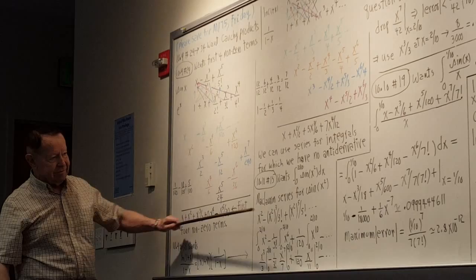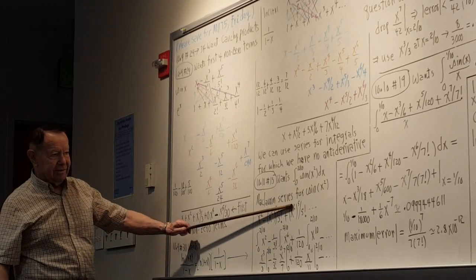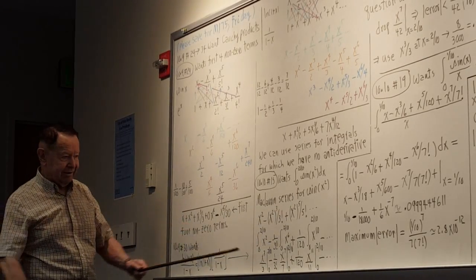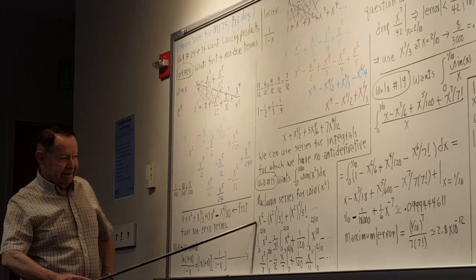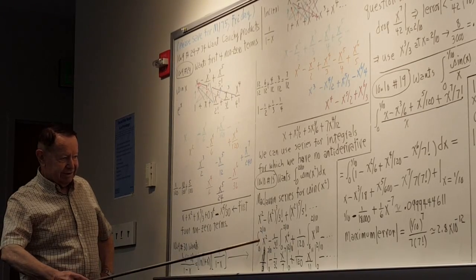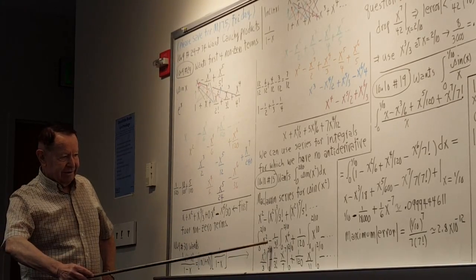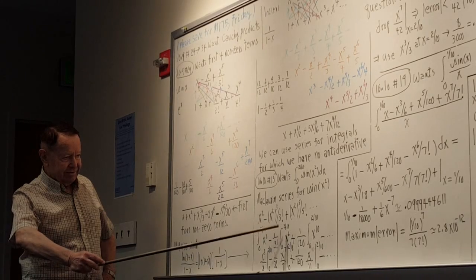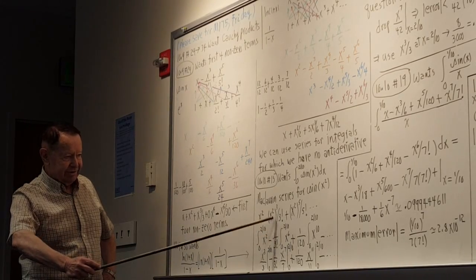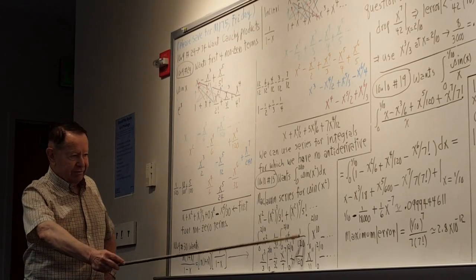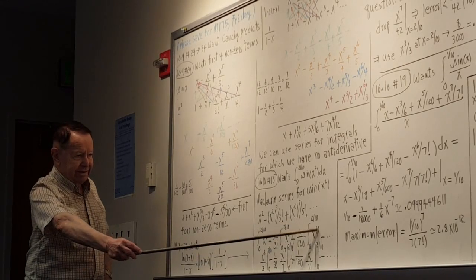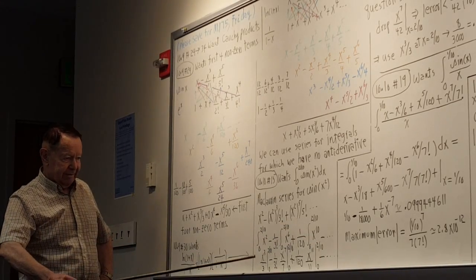And these term by term are polynomial types, so you can integrate them. So your definite integral then is the integral of x squared minus 1 over 3 factorial, the integral of x^6, plus 1 over 120, the integral of x^10, and so on.